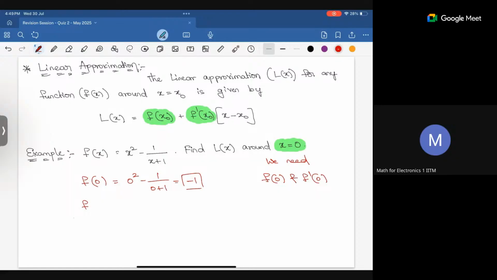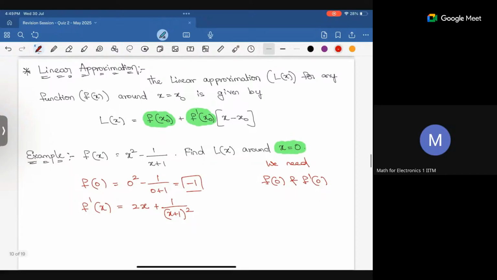Similarly, for finding f prime of 0, we need f prime of x. F prime of x is 2x and minus 1 by x plus 1's derivative, which will be plus 1 by x plus 1 whole square.